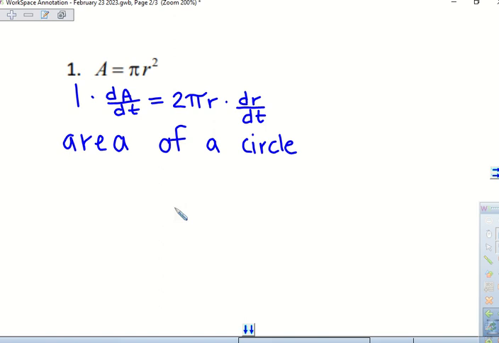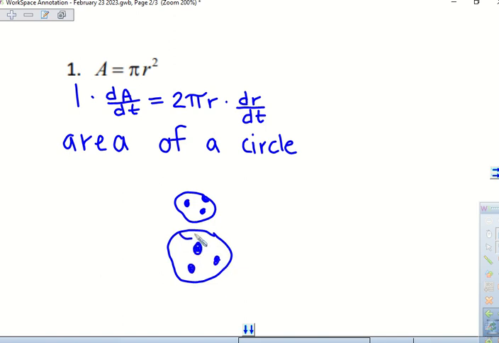If a cookie, when you bake it, gets larger. That's a good one. Perfect. So exactly. If we have a cookie unbaked, and then as you bake it, it's going to expand into a bigger cookie.